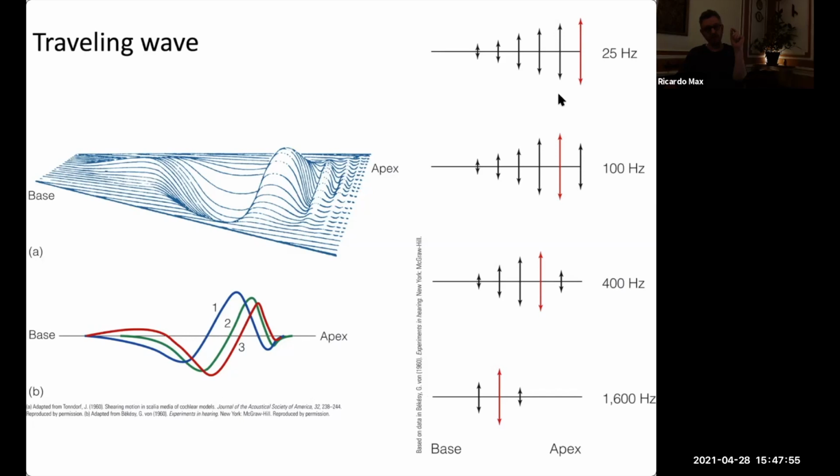The lower the frequency, the highest amplitude is closer to the apex. In the apex, our basilar membrane reacts more to lower tones, and in the base to higher tones. Okay?